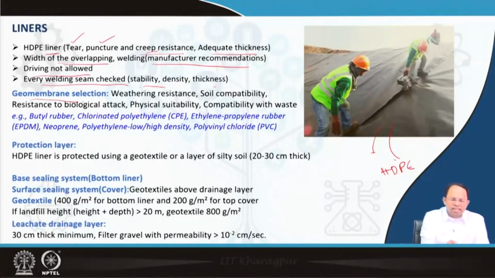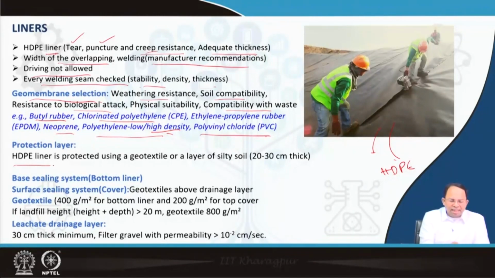Now, the membrane selection could be HDPE, which is very common in the Indian context, but based on weathering resistance, soil compatibility, resistance to biological attack, physical suitability, and compatibility with waste, we can select other liners as well. What are these? It could be butyl rubber, chlorinated polyethylene, ethylene propylene rubber, neoprene, polyethylene low or high density. In our case, we use high density. Polyvinyl chloride or PVC sheets, right? So all of these could become liners in a landfill.